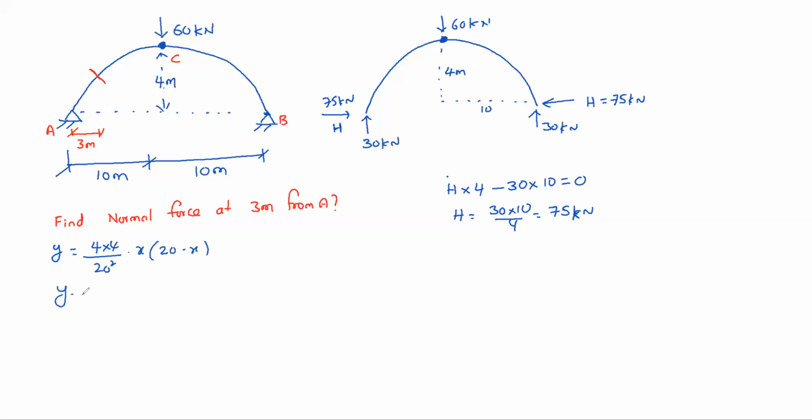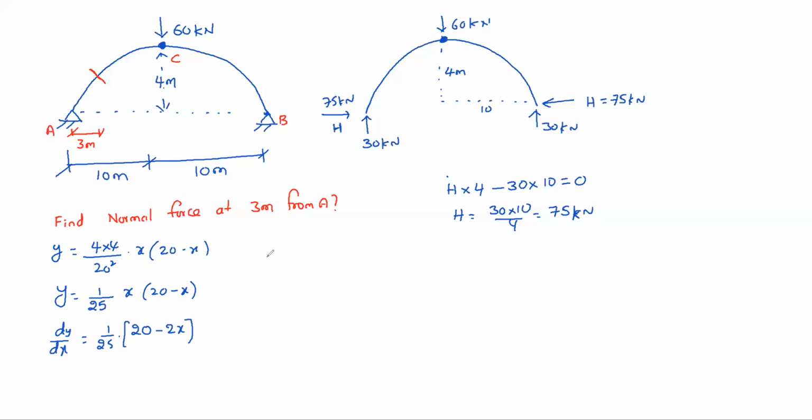So that is y equal to 4 by 20, that is 1 by 5, 1 by 25, right? 1 by 25 x into 20 minus x. This is the equation. What is dy by dx? dy by dx is 1 by 25 into 20x differentiation 20, x square differentiation 2x. That is dy by dx.